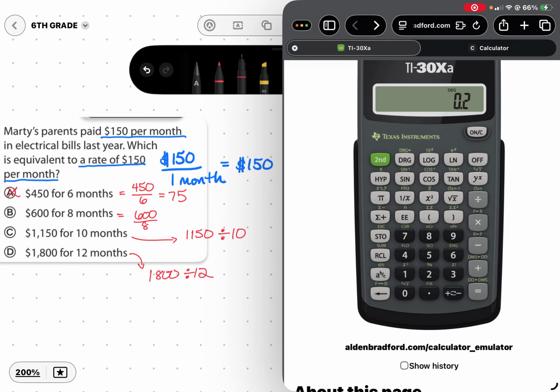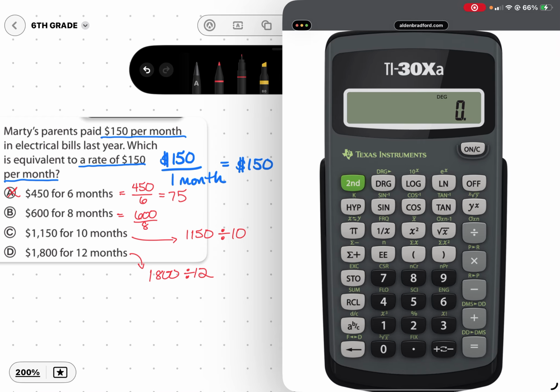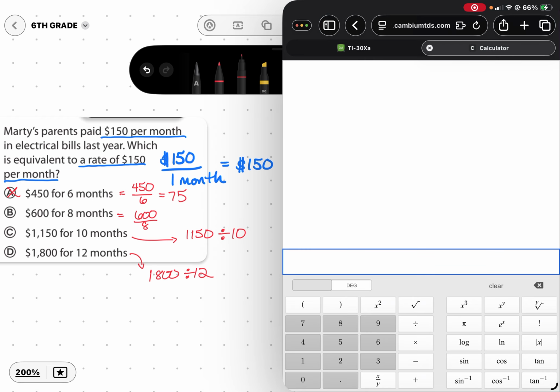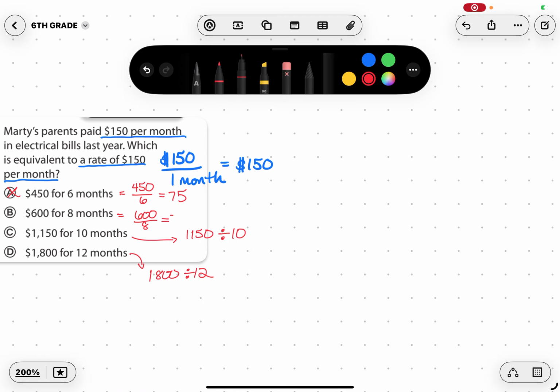And even if you use the handheld calculator, I'll just type in 450 divided by 6. It still equals 75. So it doesn't matter whether you use the online or the handheld calculator. Going back, now we're going to do answer choice B. 600 divided by 8. That also equals 75. So that's not going to be our answer.